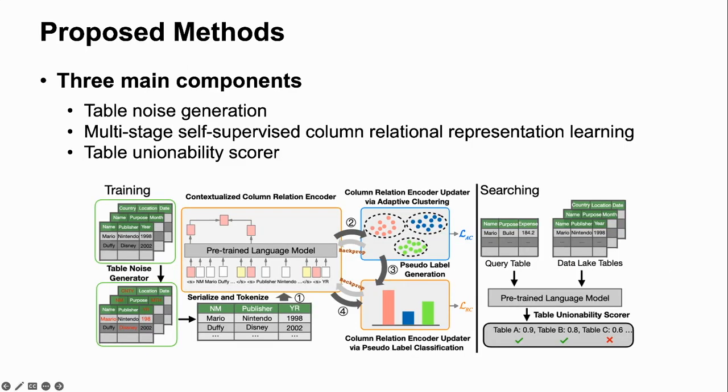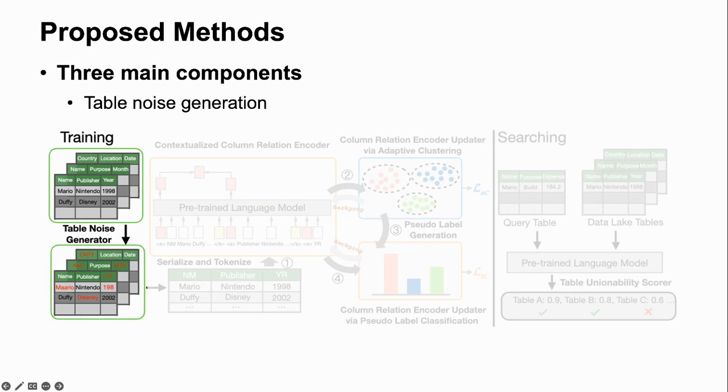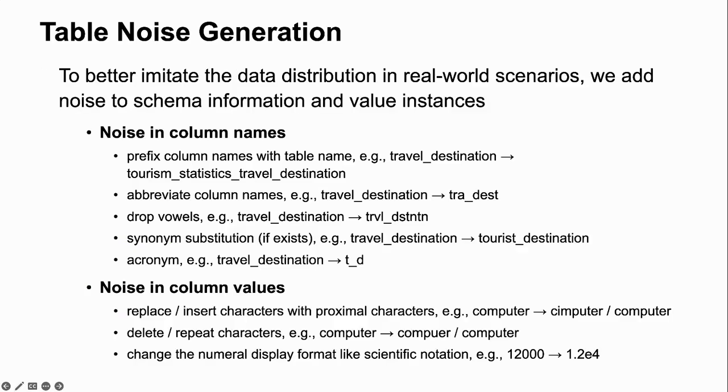Our proposed method, AutoTUS, consists of three major components: table noise generation, multi-stage self-supervised column relational representation learning, and table unionable score. We first introduce the table noise generation process in the training stage.